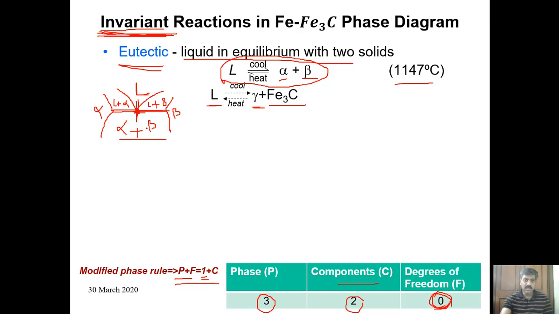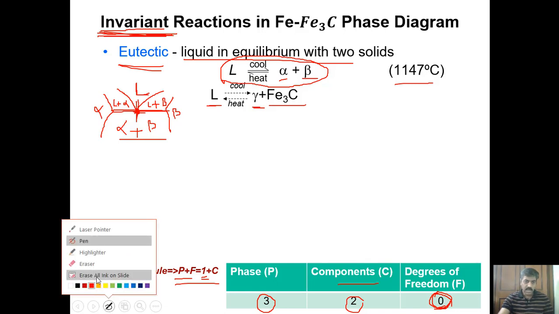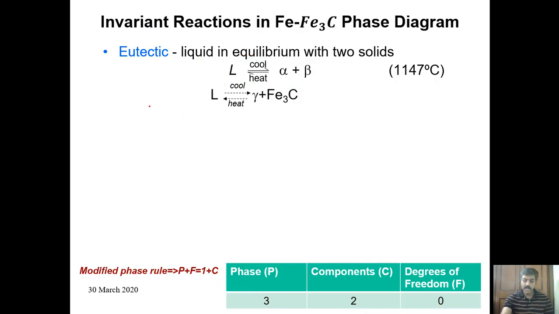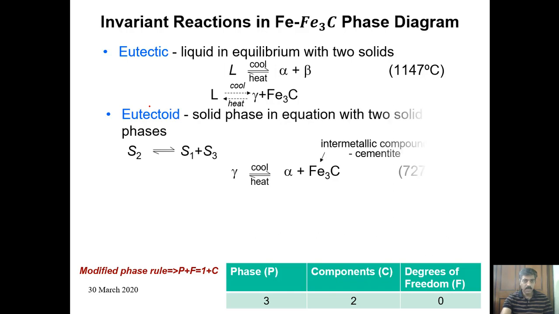Now see the other kinds of binary systems that are possible. Another transformation that is also an invariant transformation is called the eutectoid. In the eutectoid transformation, what happens? One solid upon transformation is converted into two other solids.